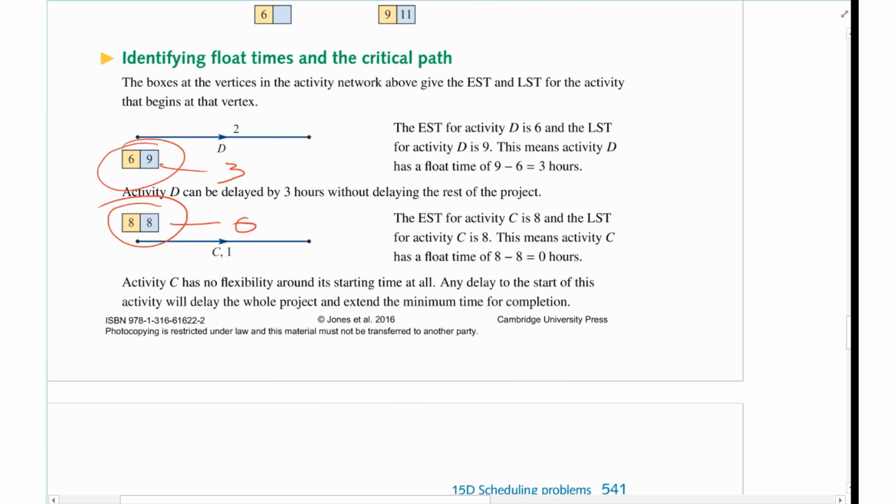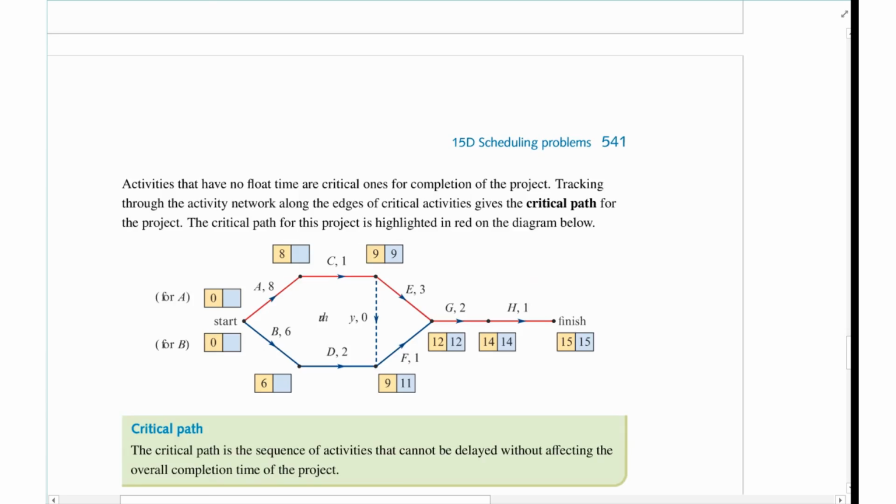That would be a difference of 0. So if I see 0, there's no flexibility. Okay, it has to happen on those times. That means I've got no flexibility. It means I've got a critical path. This means I've got a float time, so I can delay it up to 3 hours, and I'm okay, or 3 minutes, whatever the time is.